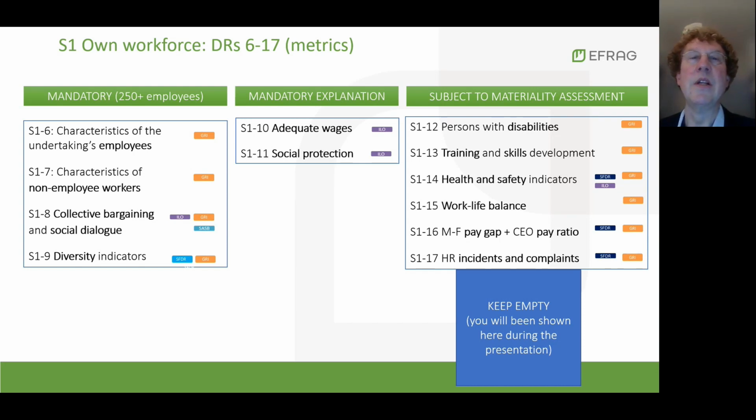There's another 2 disclosure requirements dealing with adequate wages and social protection, which are mandatory given an explanation, so companies can simply explain that they have adequate wages and social protection for all their own workforce. And then we have a final bunch which are subject to materiality assessment that covers persons with disabilities, training and skills development, health and safety indicators, work-life balance, male-female pay gap and CEO pay ratio, and human rights incidents and complaints.